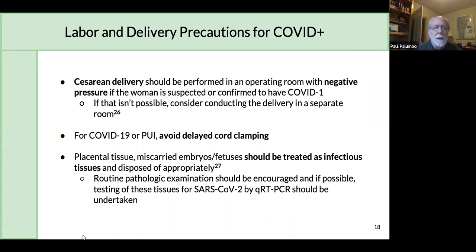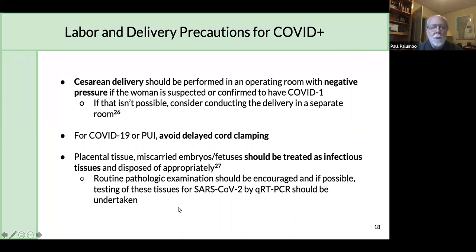For women with known COVID-19 infection or who are under investigation, we would certainly recommend avoid delaying cord clamping, which is a reasonably common general practice. This is to try and prevent infection via blood being transmitted, and or to avoid delaying the time in the special healthcare facility.